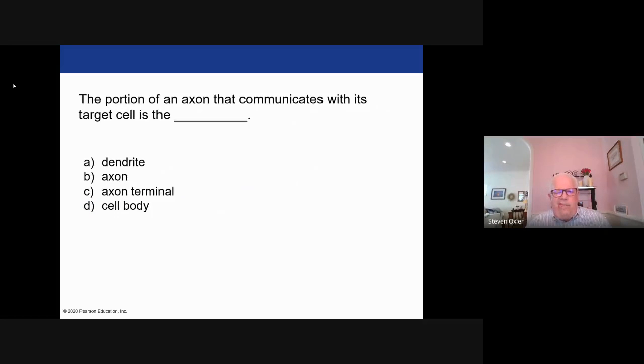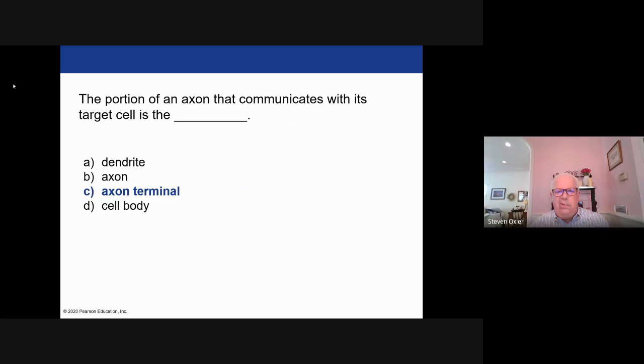The portion of an axon that communicates with the target cell is the blank. It is C, the axon terminal.